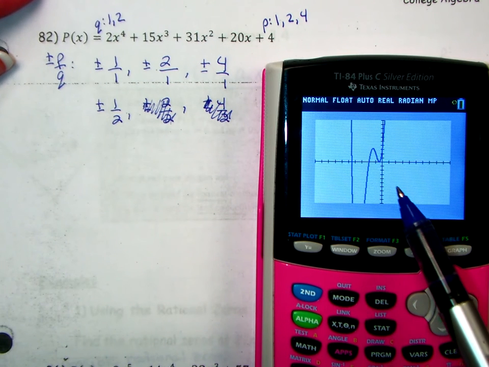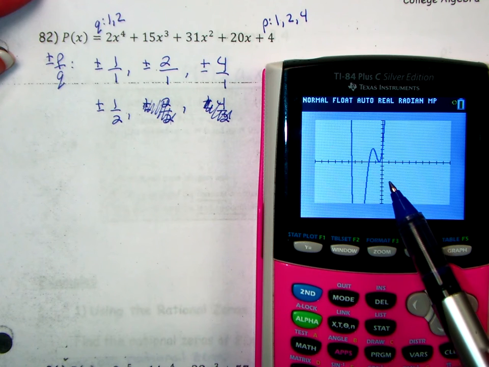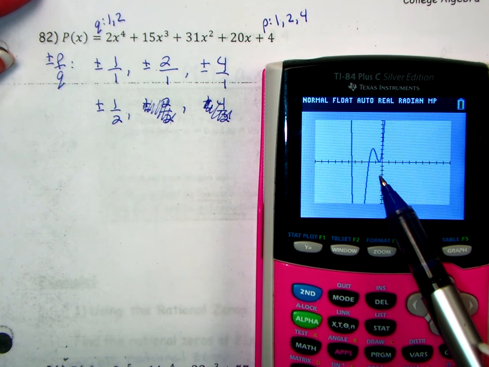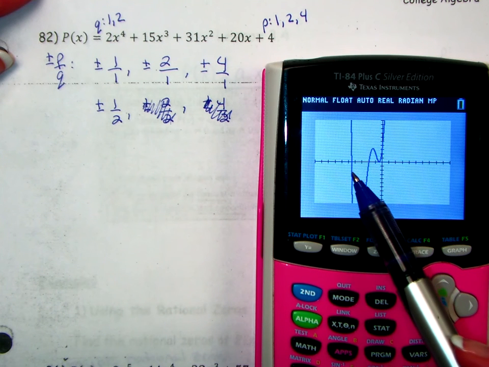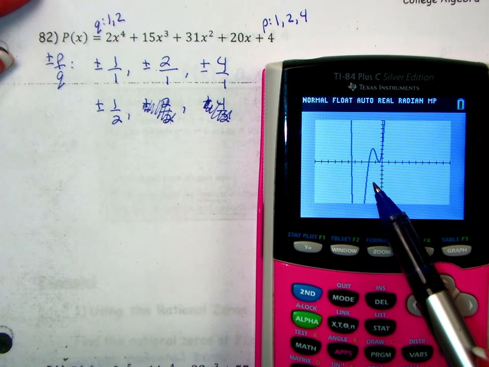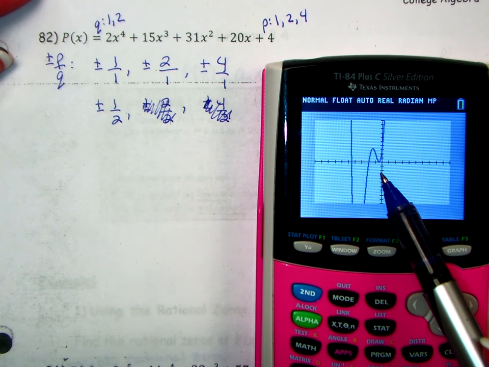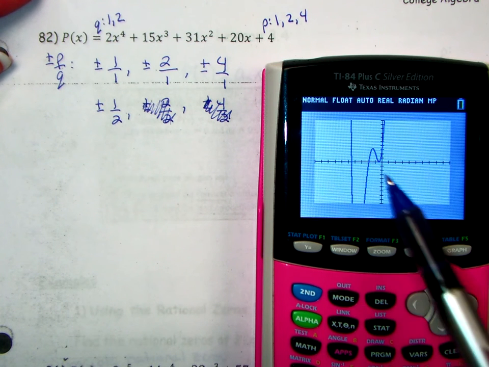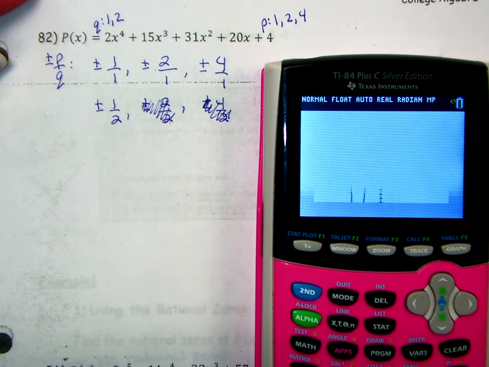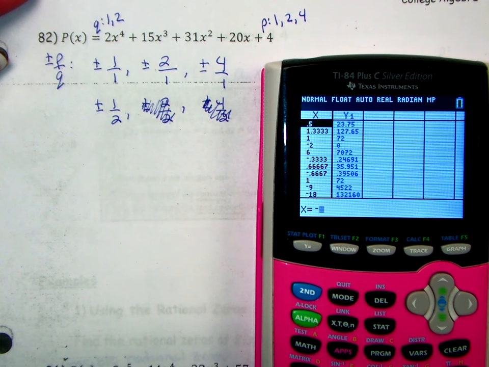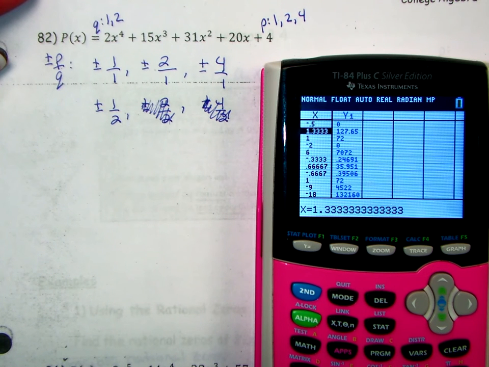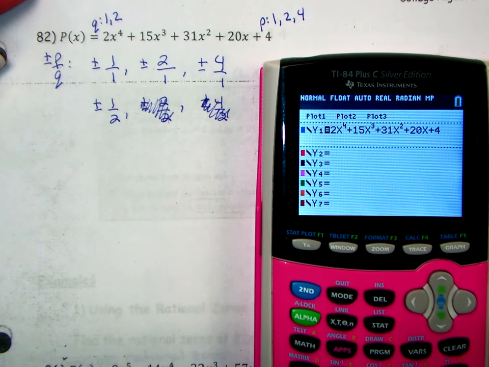But what is that number? That is not negative 4. It's negative 2. Is that negative 1/2? Let me look at the table. Negative 1/2 is a 0. Why doesn't that look like 4 to me?